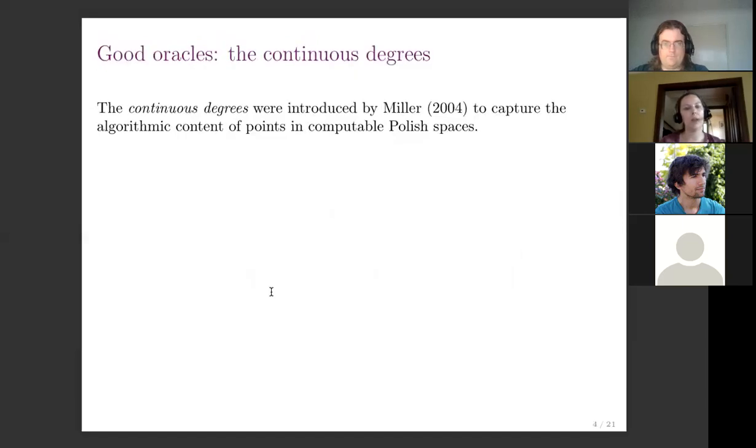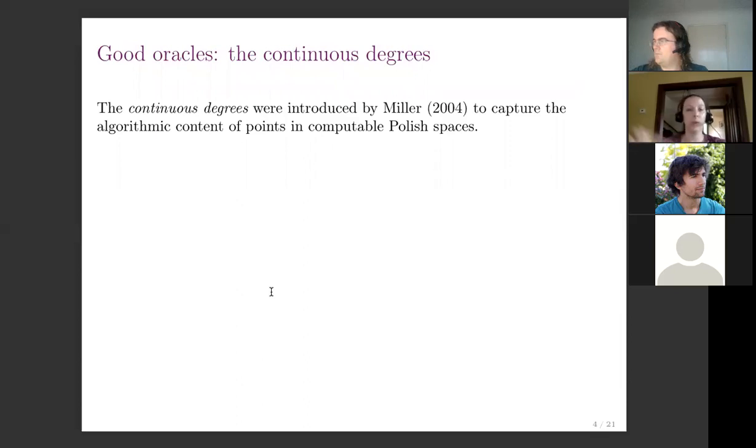Now the question we want to examine is what classes of oracles behave well with respect to this extended relation, and what classes do not behave well, if there are such. By behave well, we mean similar to what we already know, similar to the Turing degrees or the total degrees. One natural class to look at is the class of the continuous degrees. These were introduced by Joe Miller to capture the algorithmic content of points in computable Polish spaces.